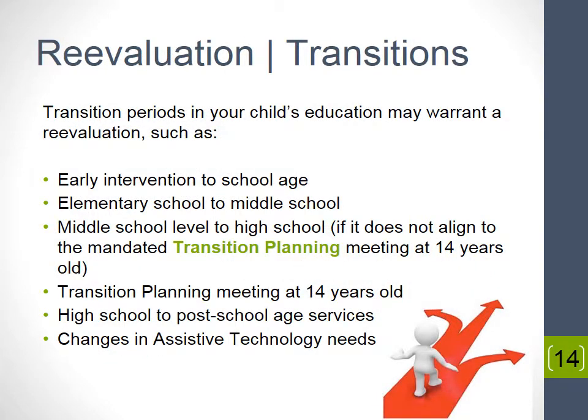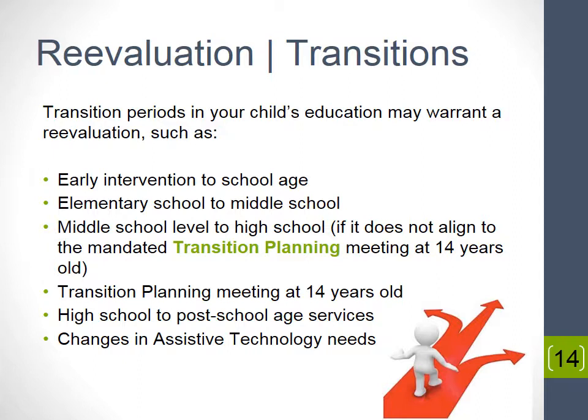Children experience many important transitions in school, such as moving from early intervention to kindergarten, or moving to middle school. At times of transition, it is especially important that the IEP team accurately understands the child's strengths and needs so that the child can achieve meaningful educational progress in the new setting.